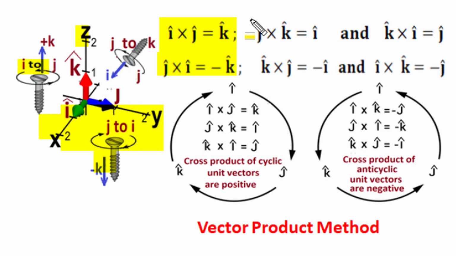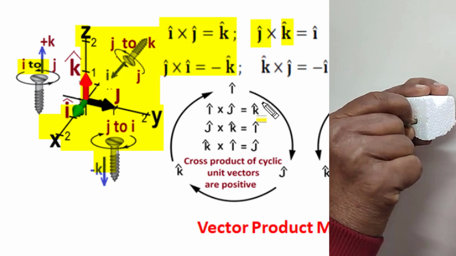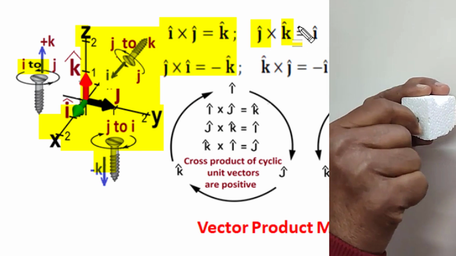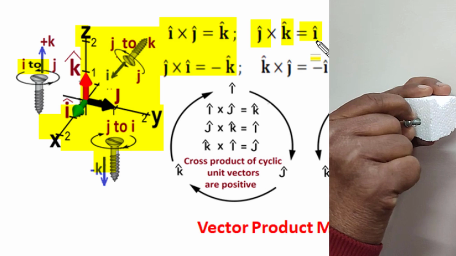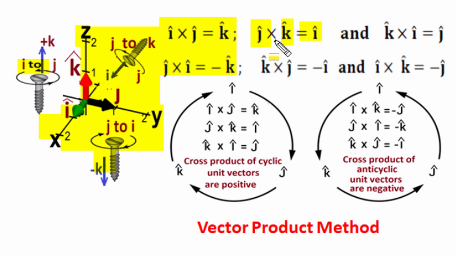Similarly, for the cross product of j cap and k cap, when the right hand screw is rotated from unit vector j to k vector with axis perpendicular to yz along x axis, it will move in plus x direction, or the result is plus i cap.